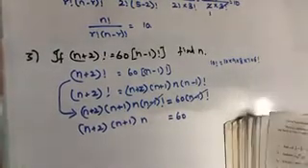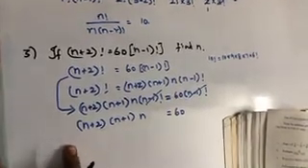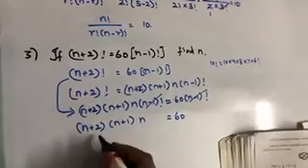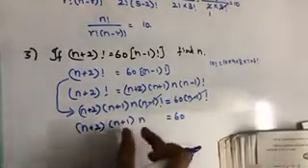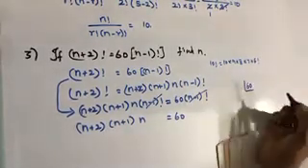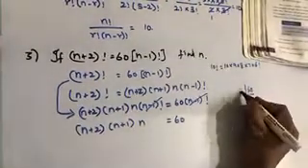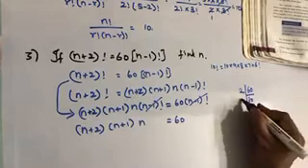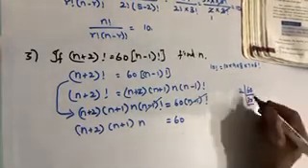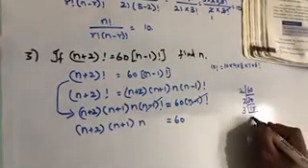Okay. So n, n plus 1, n plus 2 are 3 consecutive numbers, right? So I have to write 60 as a product of 3 consecutive numbers. So to write 60, using this division, 2 30s are 60, 2 15s are 30, 3 5s are 15.